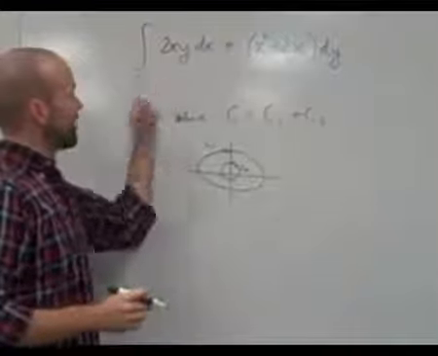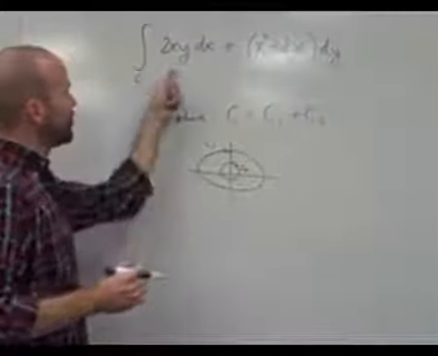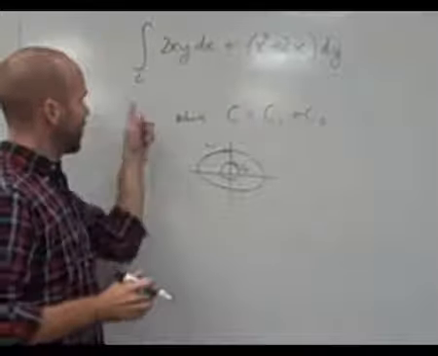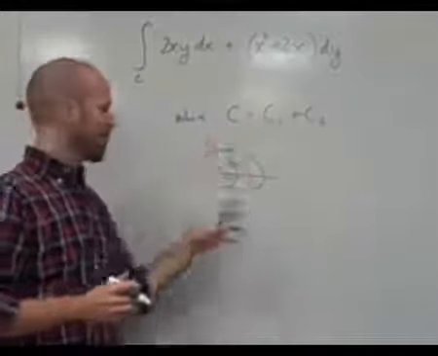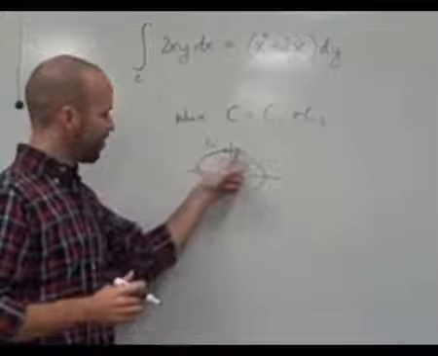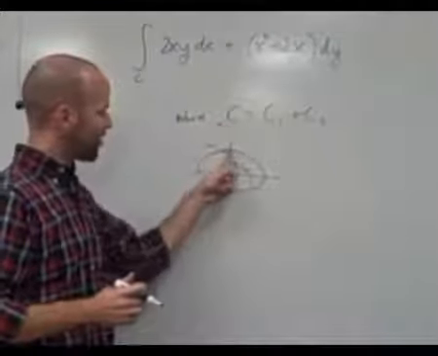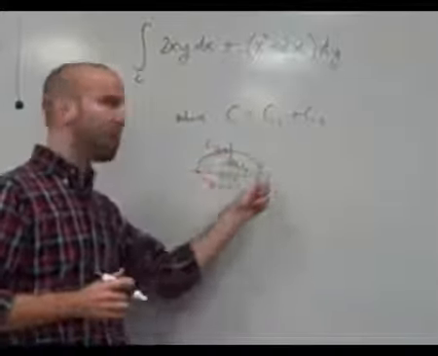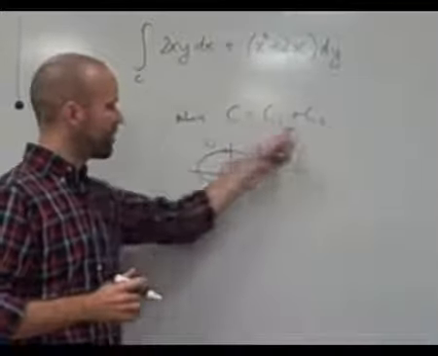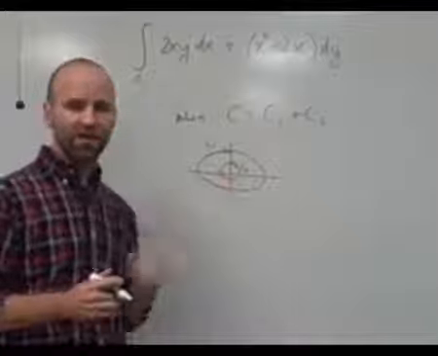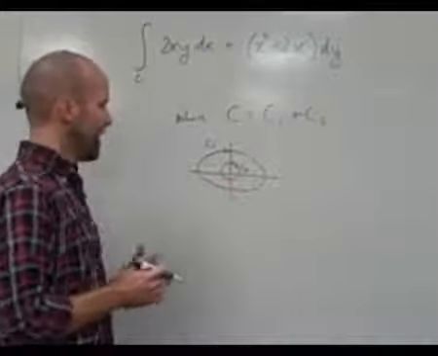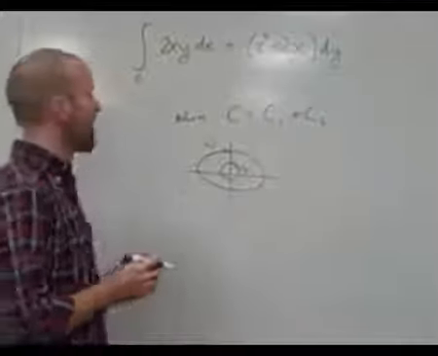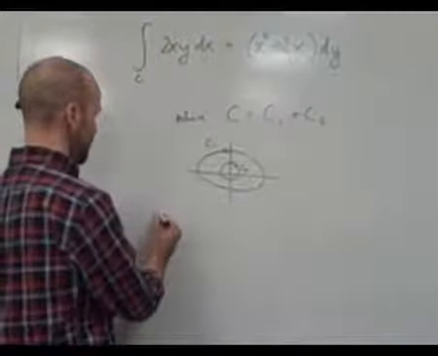Okay, so here's my line integral written in differential form, 2xy dx plus (x squared plus 2x) dy. And we're integrating over this curve, which as we talked about, we're going to comprise of curve C1, which is a counterclockwise trip around the ellipse, plus C2, which is a clockwise trip around the circle. And because this curve meets all the requirements for Green's theorem, I can apply Green's theorem to this integral.